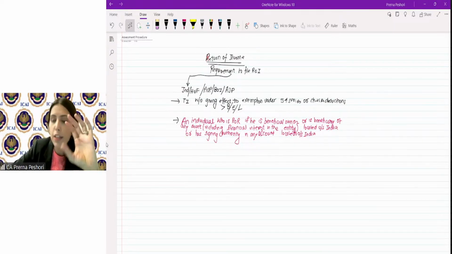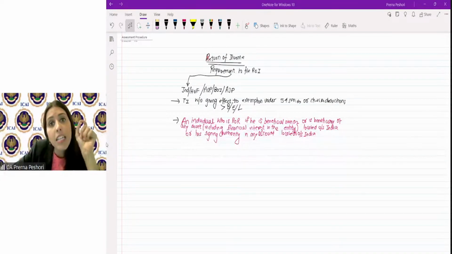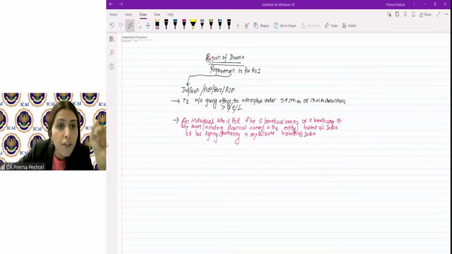Now, what do we mean by the term beneficial owner? Let's say, for example, if an individual is not required to file the return of income because his total income is less than the basic exemption limit, let's say it's just rupees 1 lakh, or rupees 2 lakh. Now in that situation, the question will arise whether he is required to file the income tax return if he has any beneficial interest, or if he is a beneficial owner or is a beneficiary of an asset located outside India.